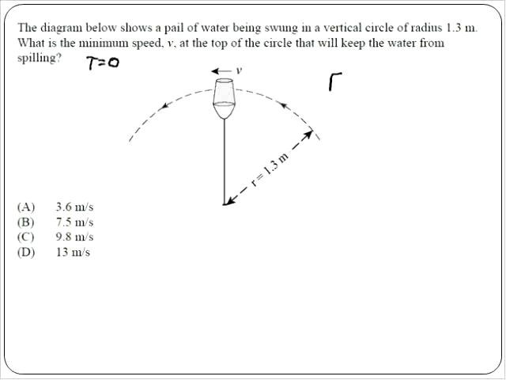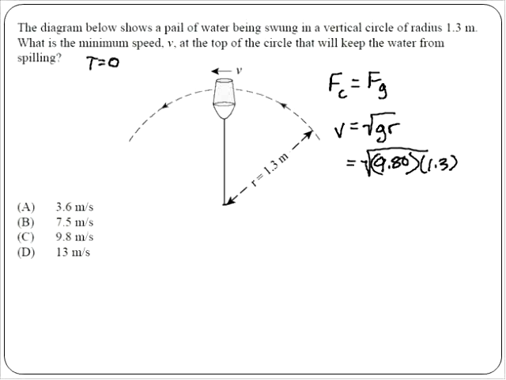So in other words, Fc is equal to Fg. And that's where we get this one again. Remember, v equals the square root of g r. That is the square root of 9.80, which is g, and the r is 1.3. We multiply those together and take the square root. Here's what you get: 3.6.